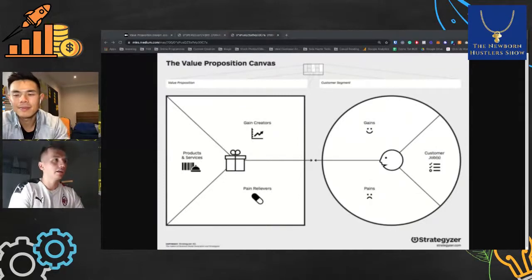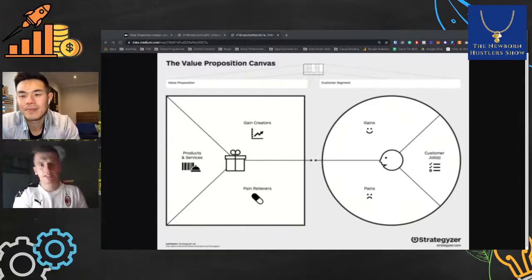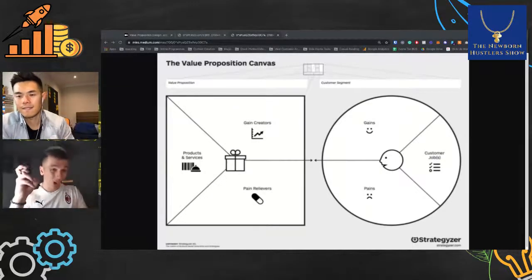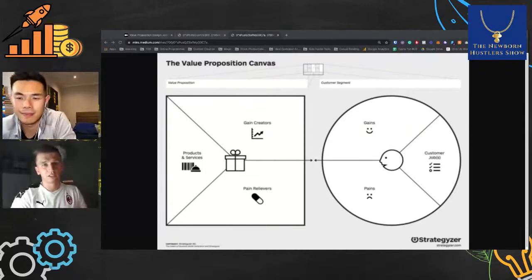Yeah, good that you mentioned going broke as a pain. So let's think about credit cards, for example, here, right? And their value proposition. So the pain reliever of the credit card will be the available loan, because it's a kind of loan that you get, available credit on your card, right?